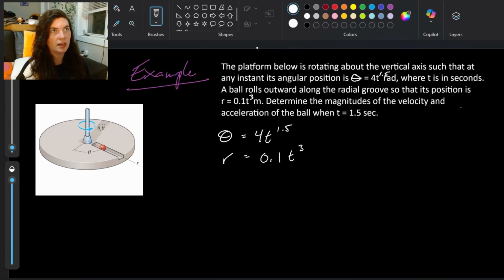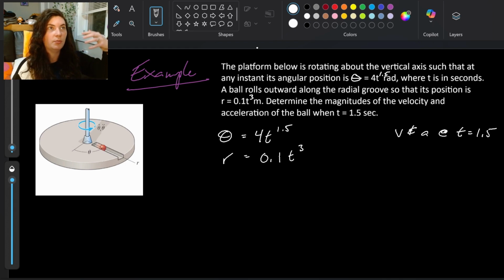Determine the magnitudes of velocity and acceleration of the ball when t is 1.5 seconds. So I want to find velocity and acceleration at t equals 1.5 seconds. Again, we're given some theta in terms of time and some r in terms of time, which tells us we're going to have to use these polar coordinates.